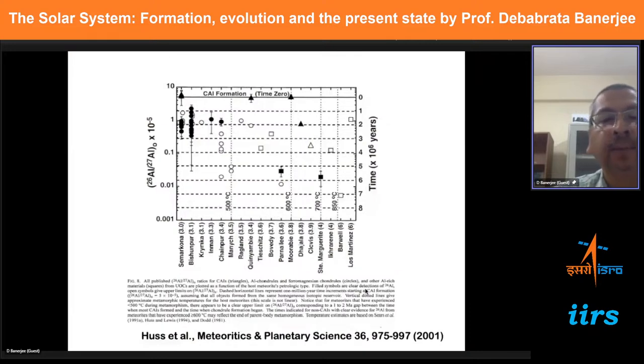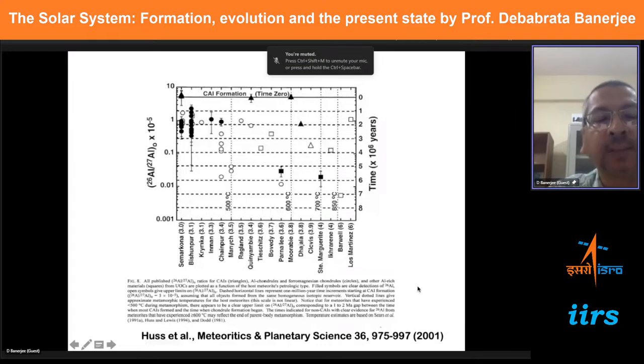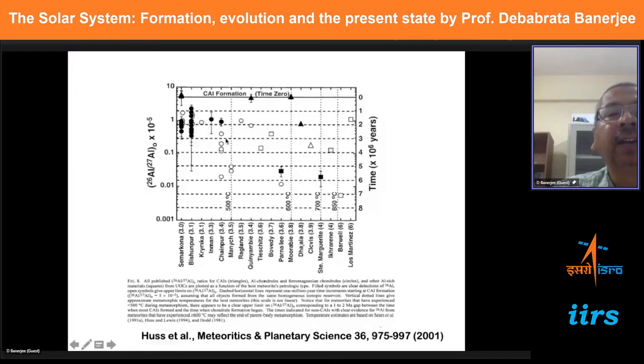You can see here, this is from Huss's paper. So this is 26/27, and this is 5 into 10 to the power minus 5. Here, these are the measurements for CAI, and this is for aluminum chondrules and ferromagnesium chondrules, all these ones.